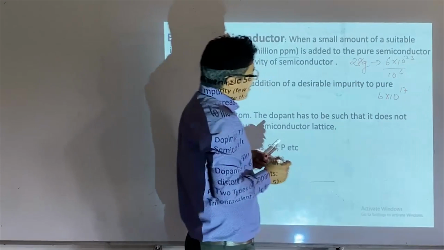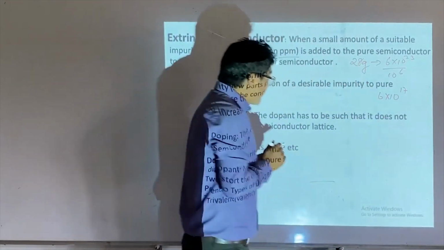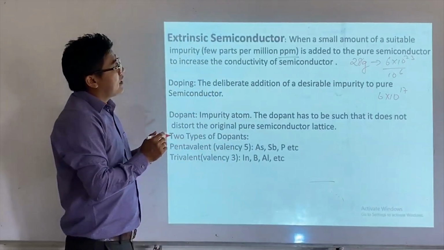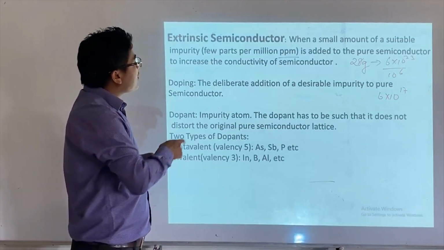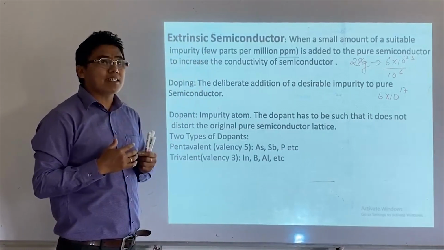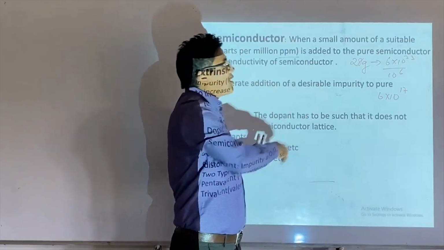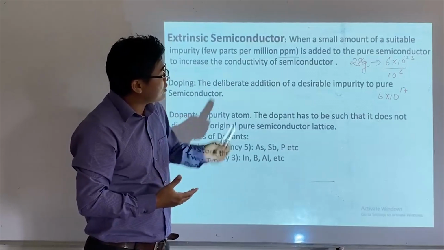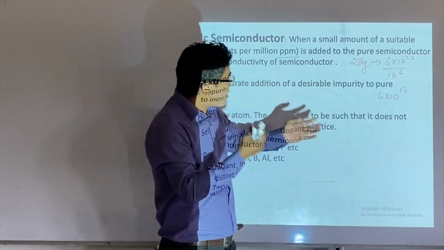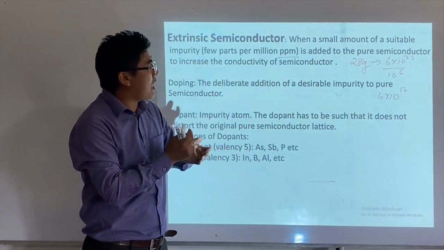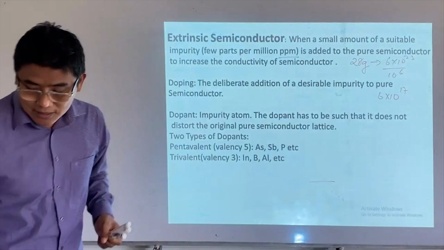So 10 raised to the power 17 impurity atoms are available in the case of an extrinsic semiconductor. However, compared to the number in a pure semiconductor, it is less. However, the numbers are still large. Why? Because the number of silicon atoms available in 1 molar mass is a very large number. So that's the reason.